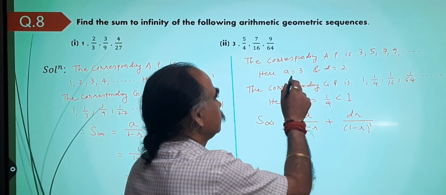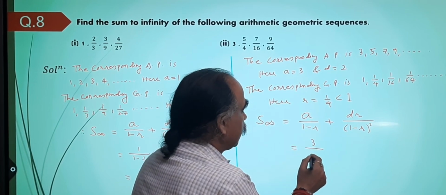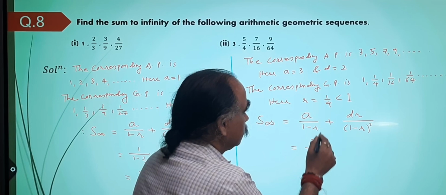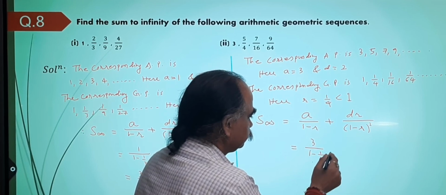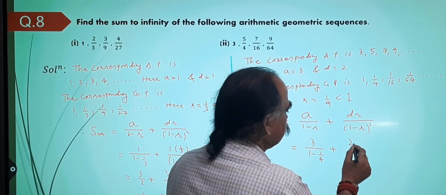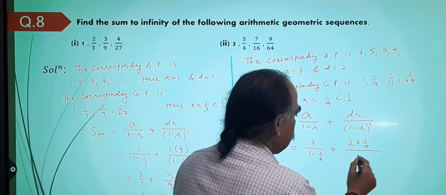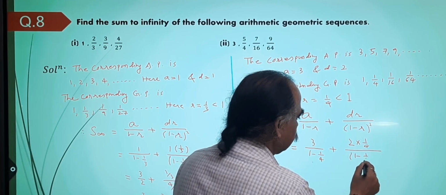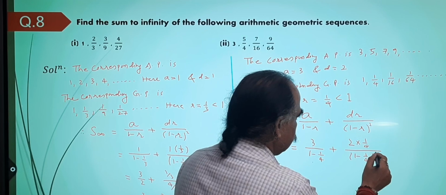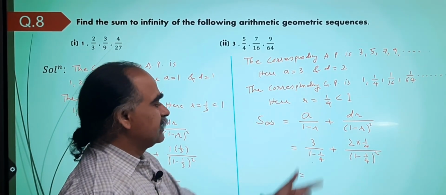A is 3 upon 1 minus 1/4, plus D is 2 into 1/4 upon 1 minus 1/4 square. This will be 3/4, so 3 will get cancelled.